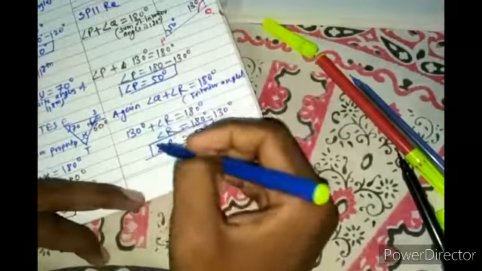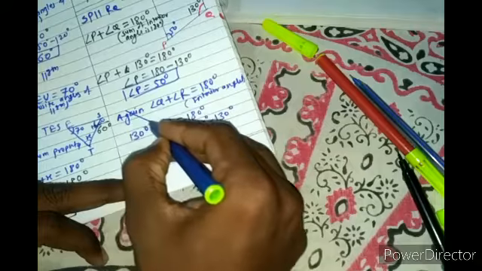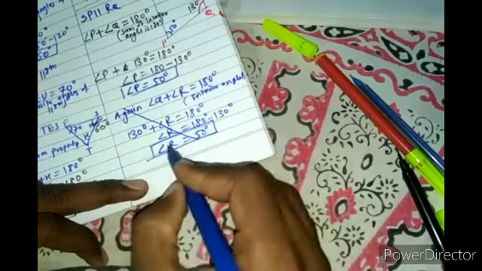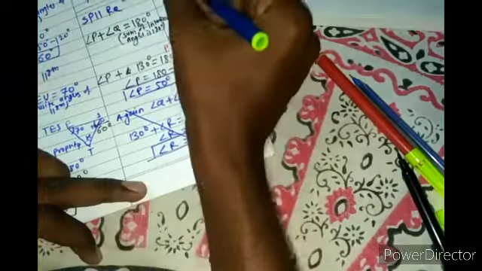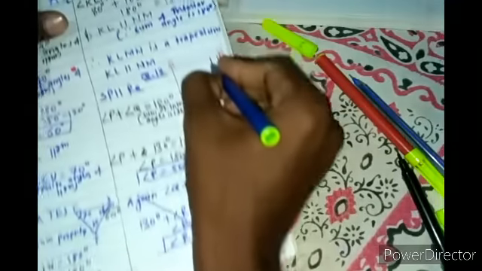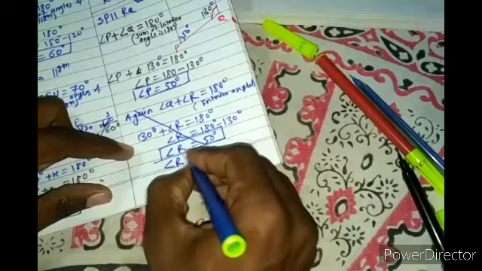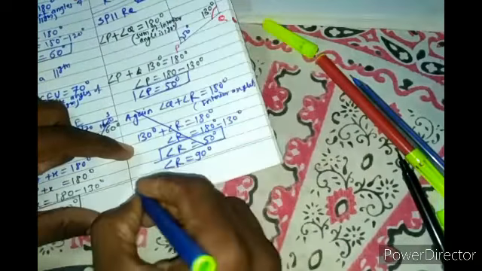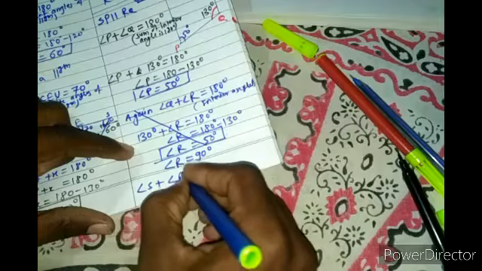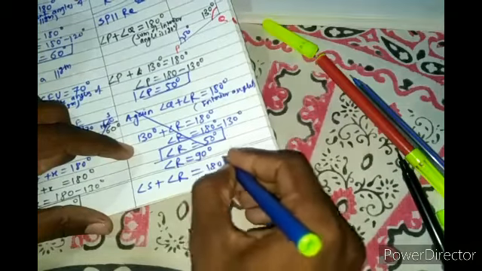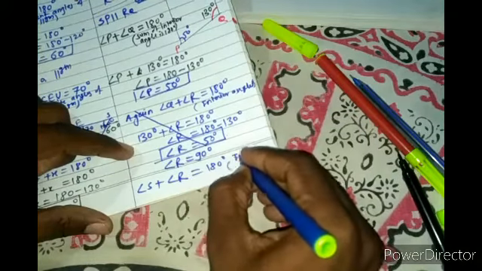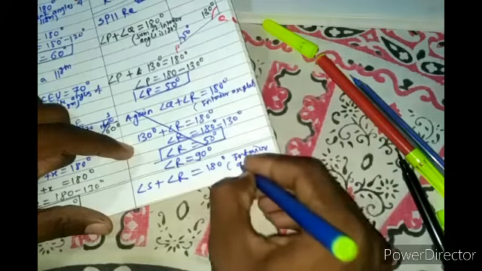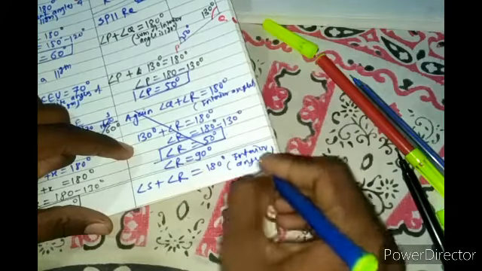Students, this part we don't have to calculate. Sorry, we have no need to find R because R is already given. It is 90 degrees, right? So we will write R here as 90 degrees, and by the use of R we can find S, because angle S plus angle R is equal to 180 degrees. These are interior angles, right?